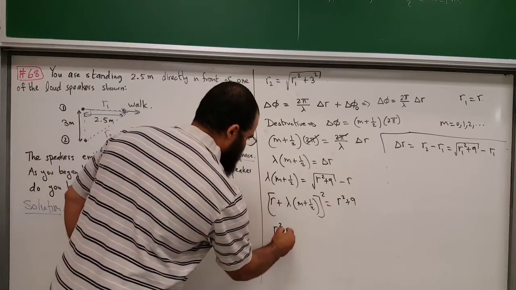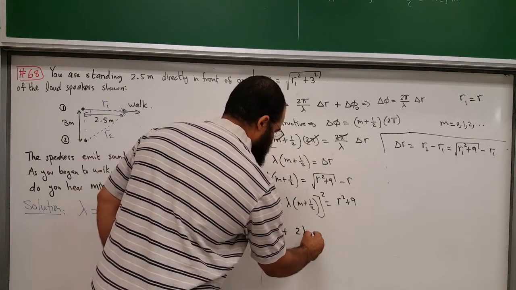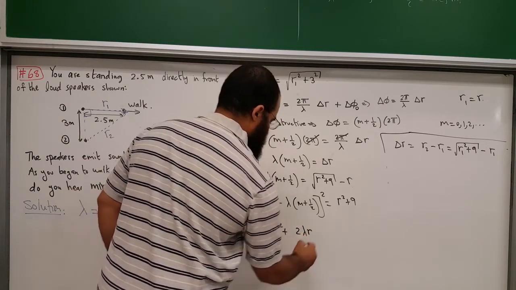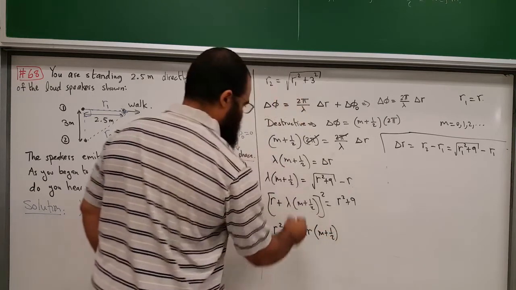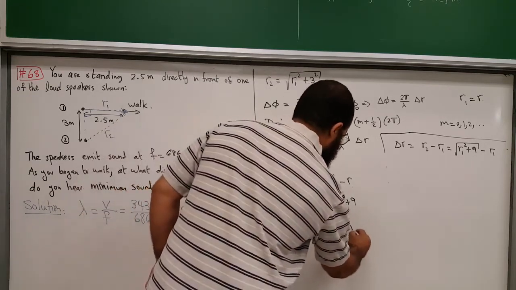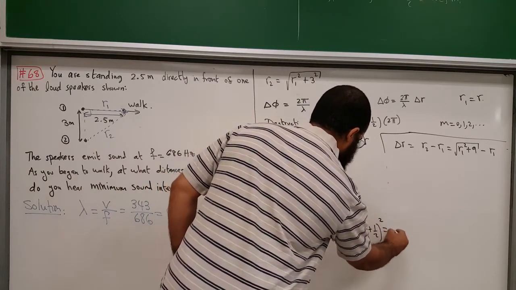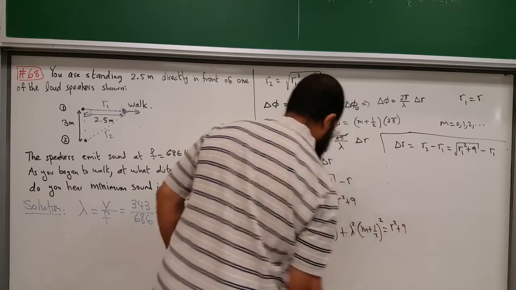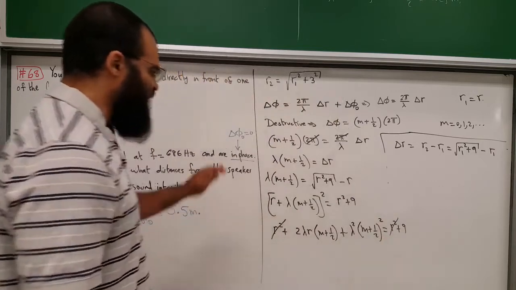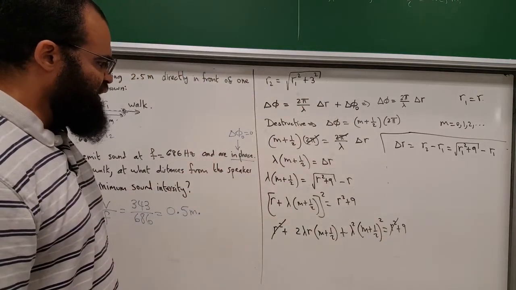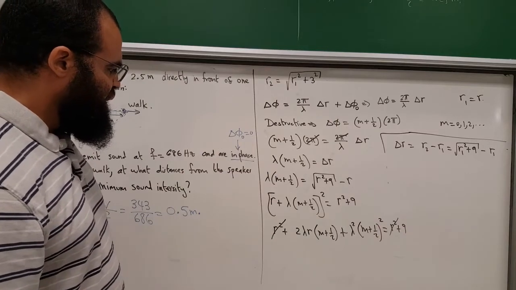So you get r squared plus 2 lambda times r times m plus 1/2, plus this term squared, which is lambda squared times m plus 1/2 to the power 2, equals r squared plus 9. And something good happens: the r squared goes away. That's way better than what I was doing earlier, because I would have had to solve a quadratic and end up with the same thing pretty much at the end.